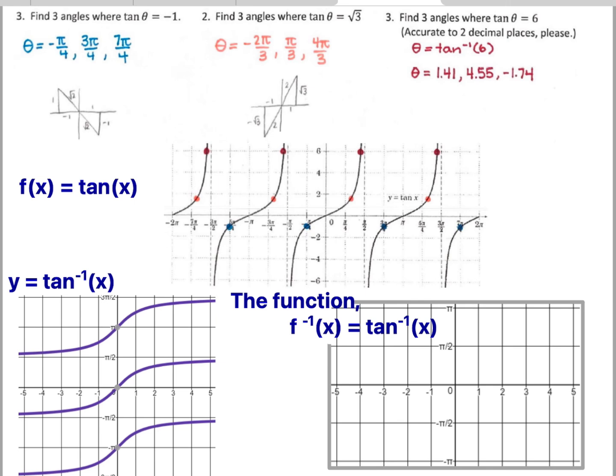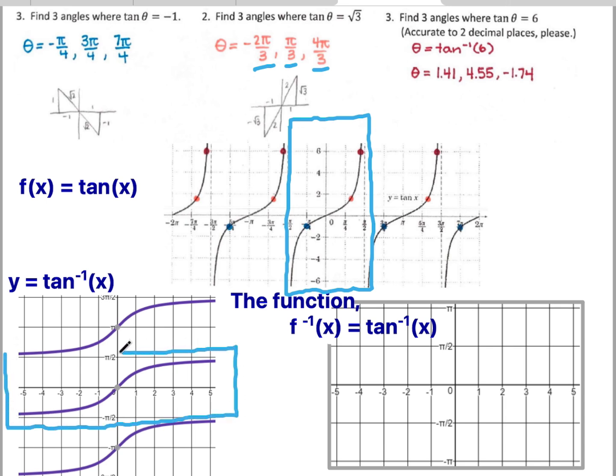Finally, for tangent, it'll probably make sense to you. We can't have a bunch of outputs once we get an inverse, because when we inverse it, we know each input can only have one output. So what we do is we restrict it just to our middle branch. If we restrict it just from negative pi over 2 to pi over 2, then we will only be looking at this middle branch of the inverse.